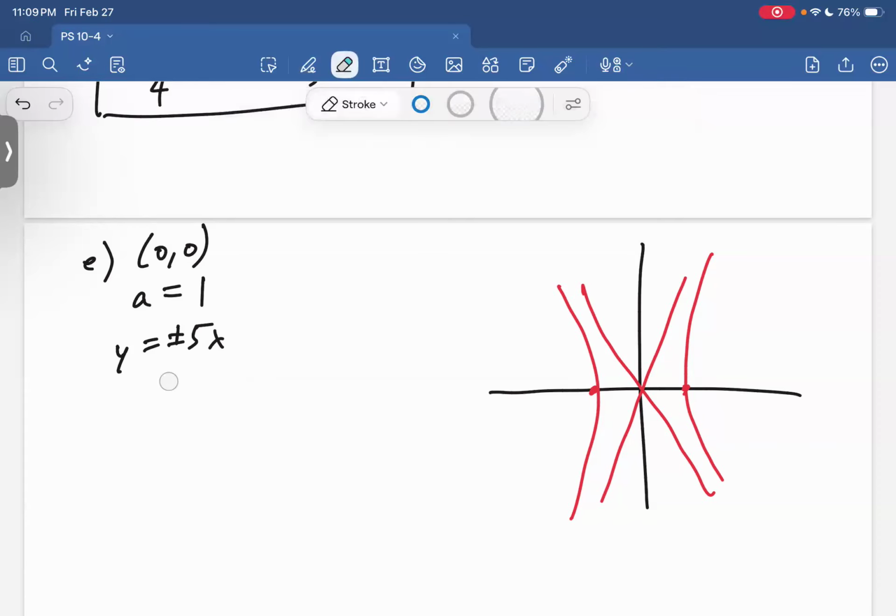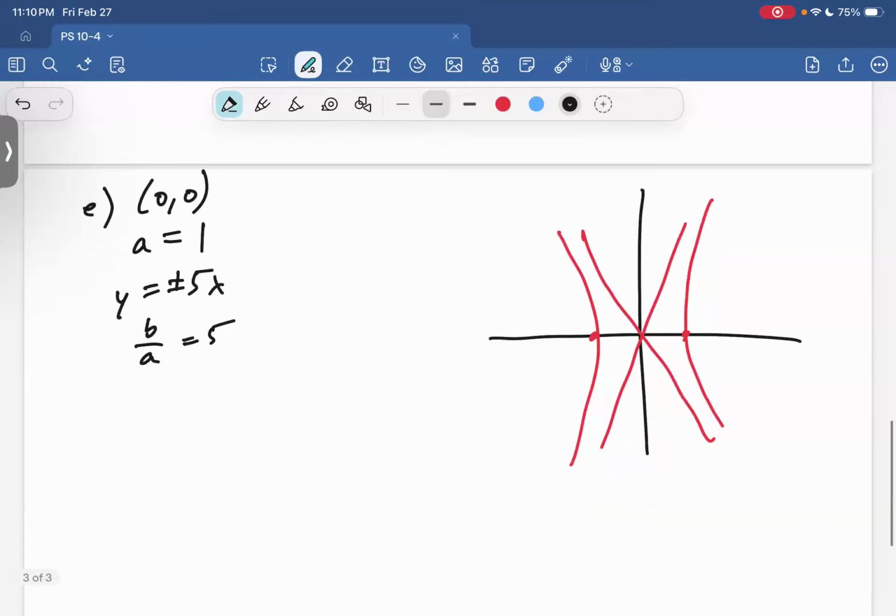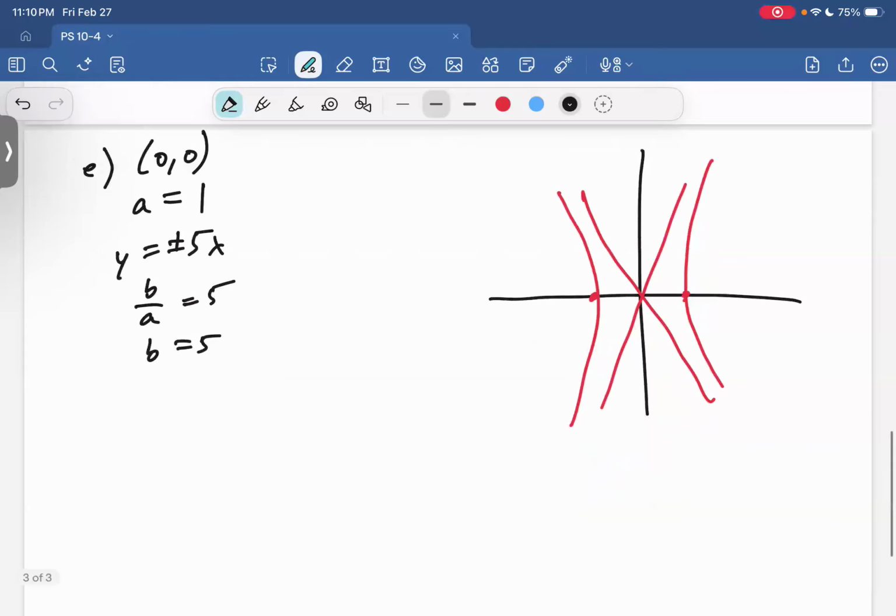And so that's just going to tell me that b over a equals 5. Okay? And if a equals 1, that means b equals 5. And so now I can write my hyperbola. It's horizontal, so x comes first. X squared over a squared minus y squared over b squared equals 1.